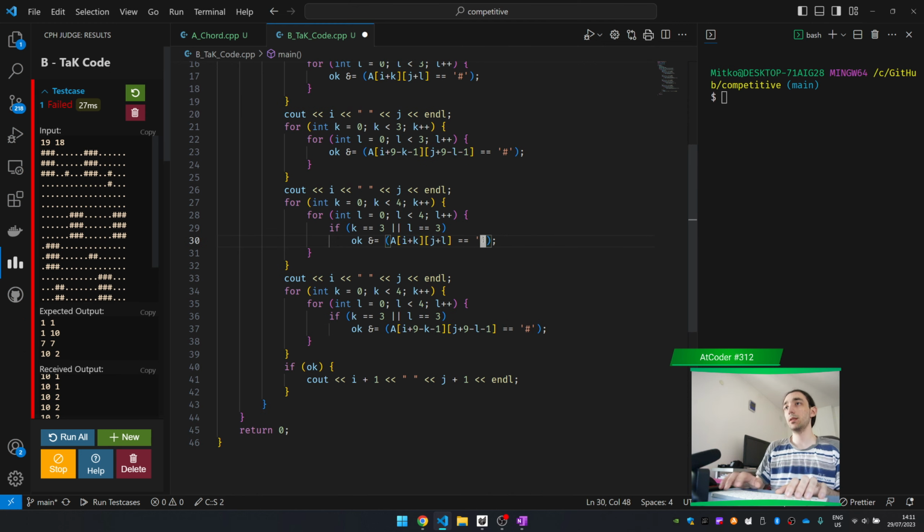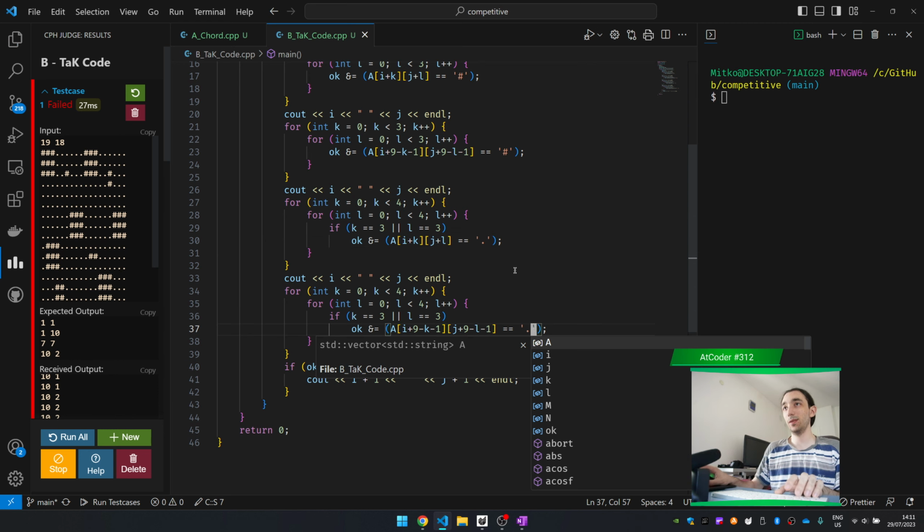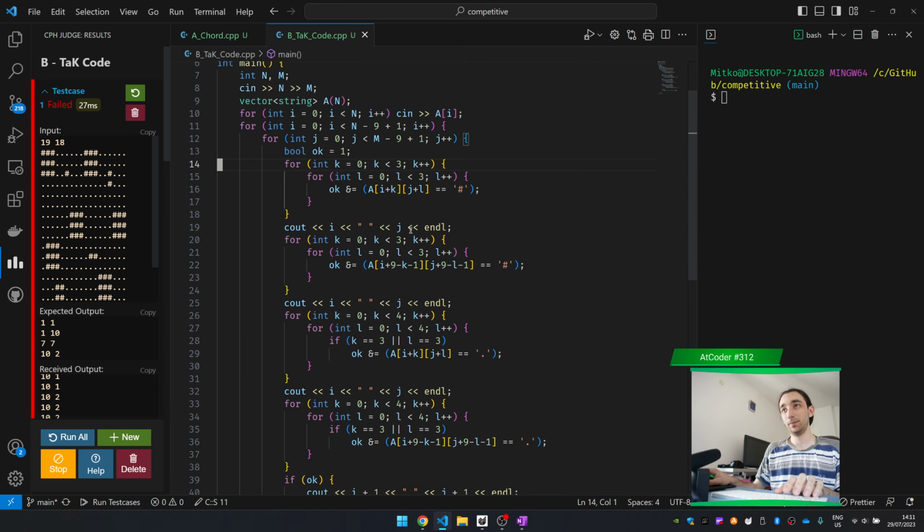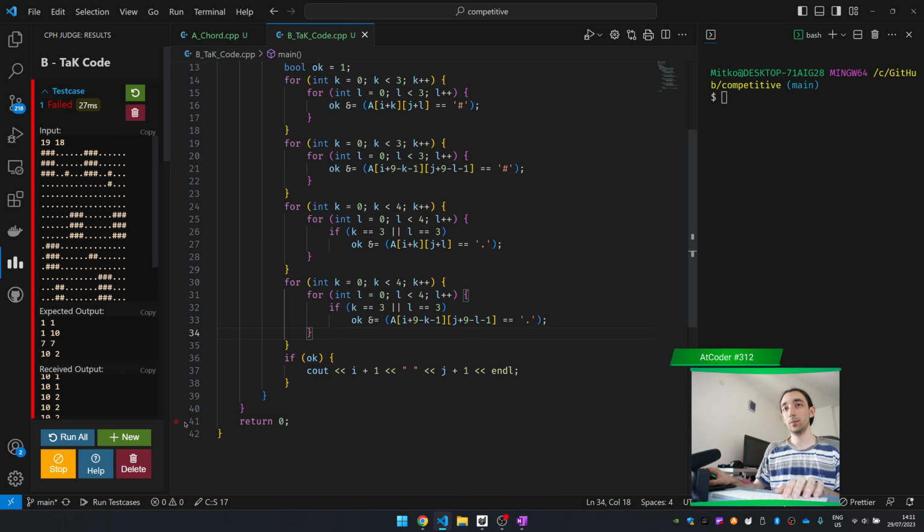Yeah, of course, this is not finding it because this has to be dots. Stupid mistake, okay.